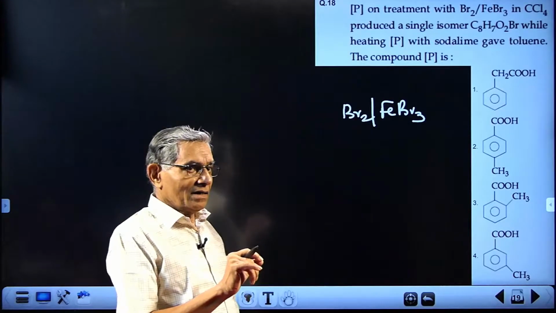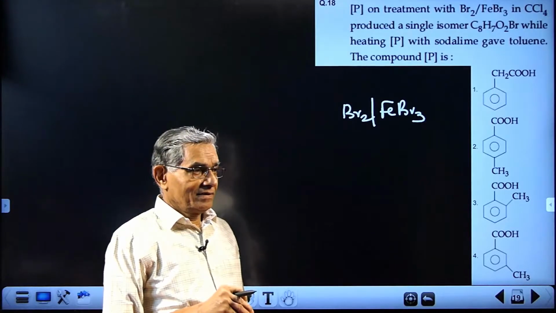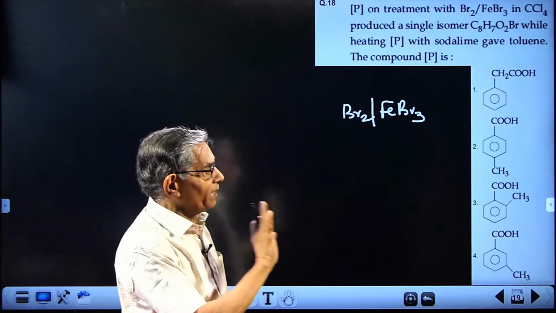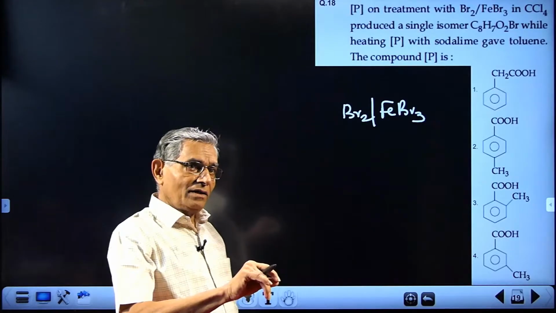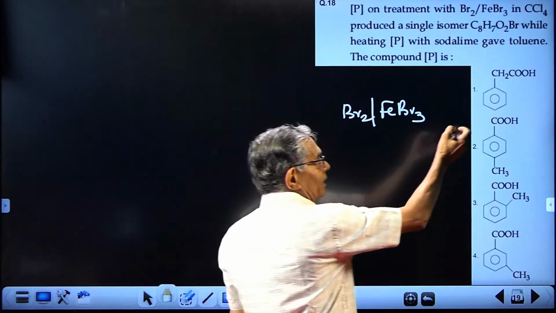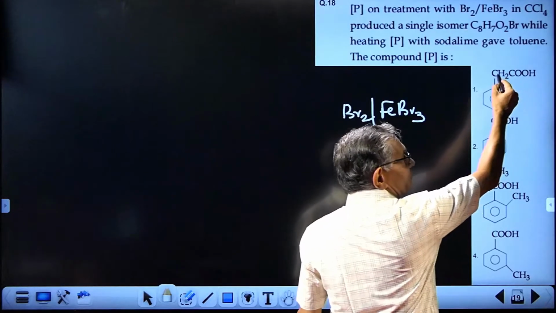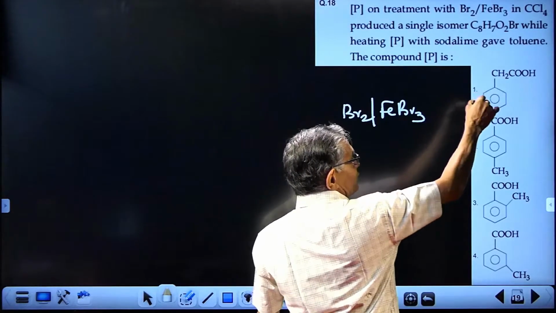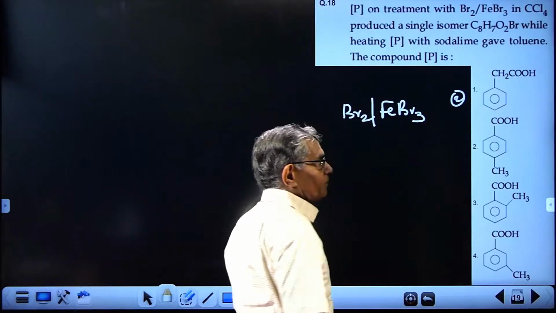Generally, suppose there is a group already present in the benzene ring. It will direct the next group either to the ortho-para position or the meta position. So there is a possibility of getting more than one product. This group is actually, even though there is a COO there, essentially an electron donating group. It will direct the next bromine to ortho and para. So this will give a minimum of 2 compounds.